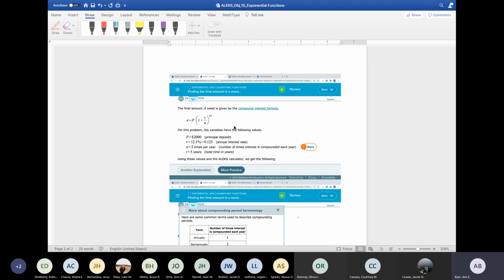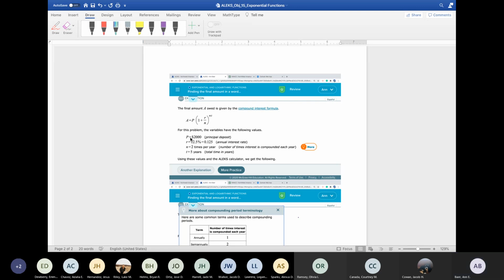So what do these variables stand for? These numbers aren't correct for this problem. This is just an example that I pulled so we could see what these variables stand for.